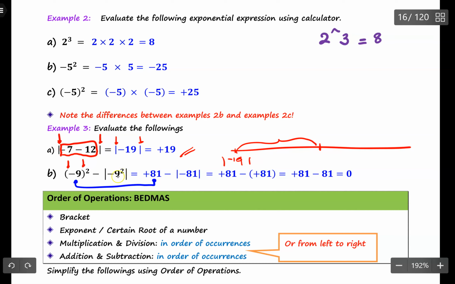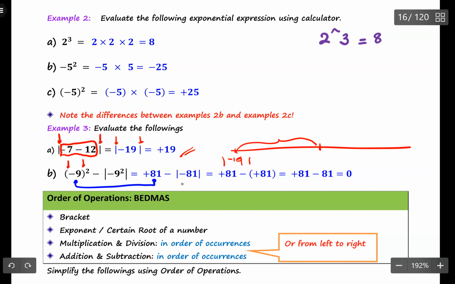Then I can take away the absolute values and turn that into a positive number. So in this case, inside this absolute value, you have a negative 9 squared. So that's why you see right here, I still have the negative 81 in the bracket. I still have the absolute value sign left over.